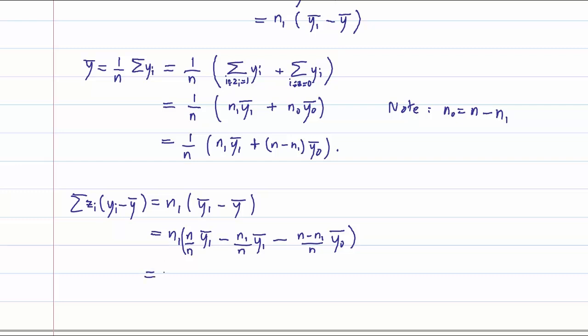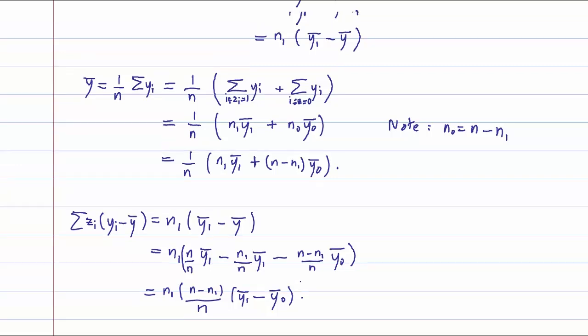So this is n1, and then I factorize the n minus n1 over n out, and in the parenthesis I just have y1 bar minus y0 bar. So that was the top part.